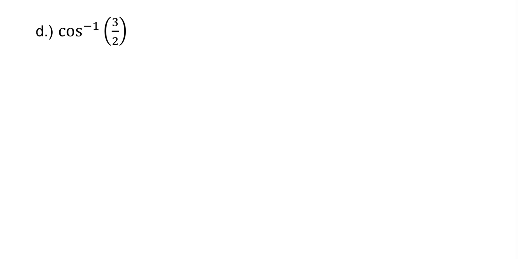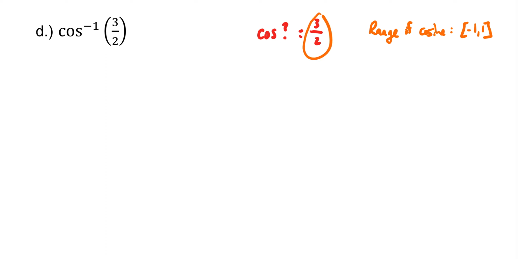So cosine inverse of 3 over 2. I'm going to go ahead and write it like this again. Cosine of what angle, question mark, equals 3 over 2. Just like sine, the range of cosine is only -1 to 1. So 3 over 2 is 1.5, and 1.5 is not between -1 and 1.